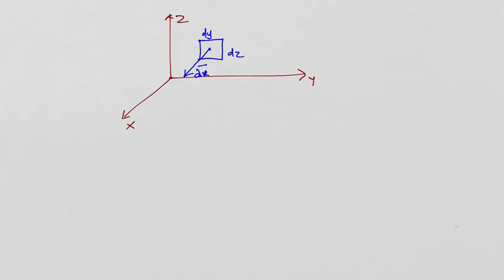You have to understand this clearly: this indicates ds_x, which is the magnitude of the surface area multiplied by the vector perpendicular to it. The magnitude of the surface area is given by dy multiplied with dz, and the vector perpendicular to the small differential surface area is given by ax.